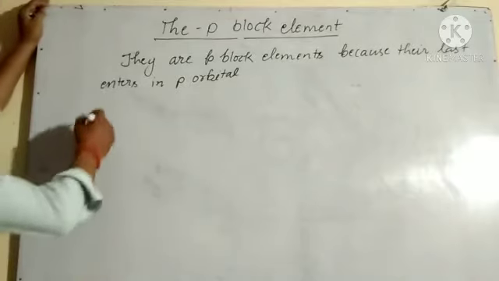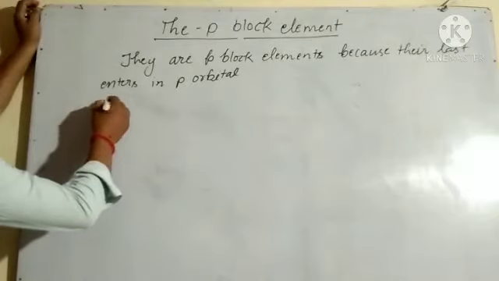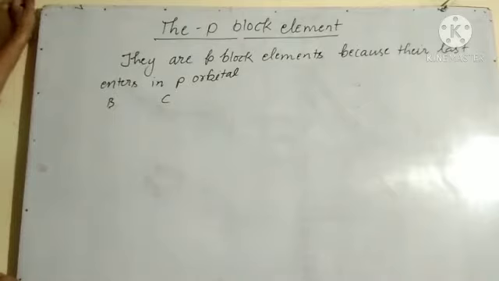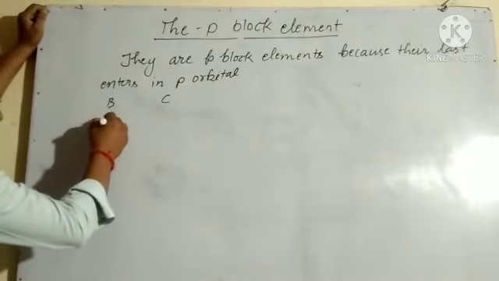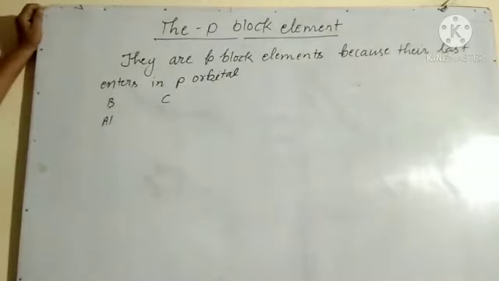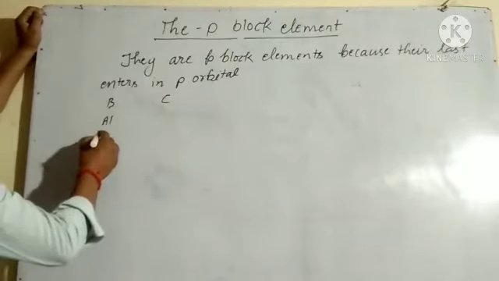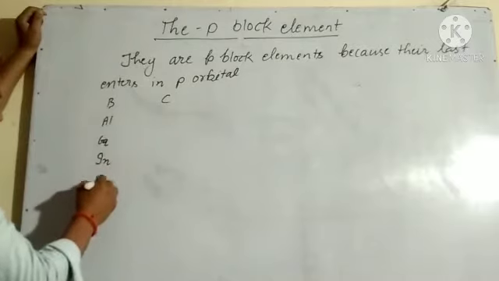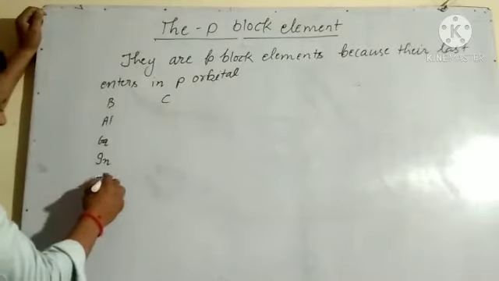In 11th class there are two groups only, that is boron family and carbon family. What are the boron family? Boron, aluminium, gallium, indium and thallium.